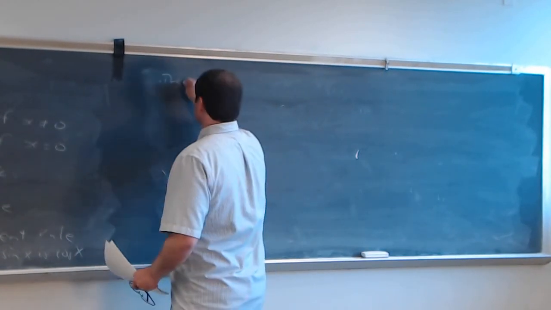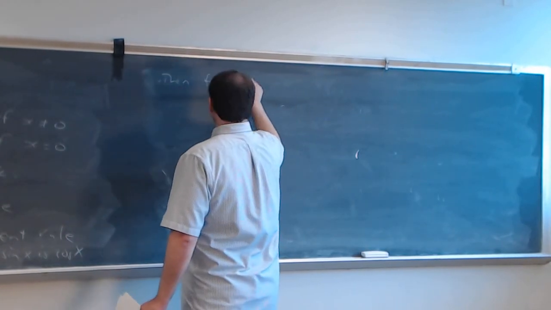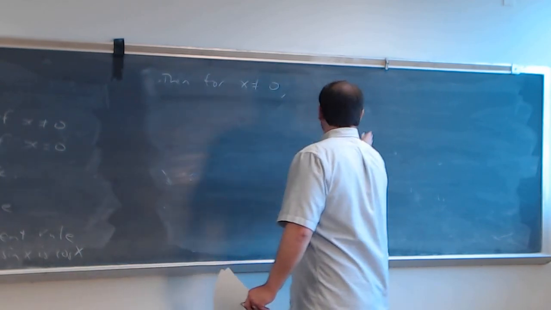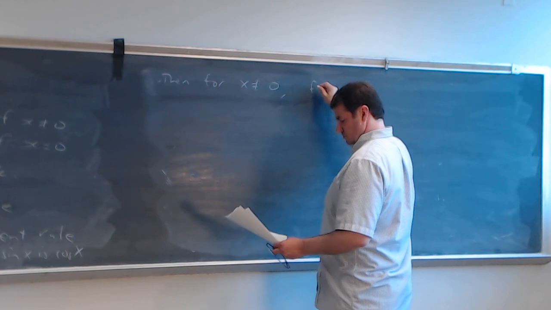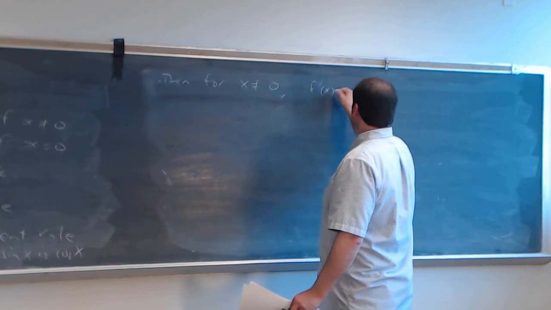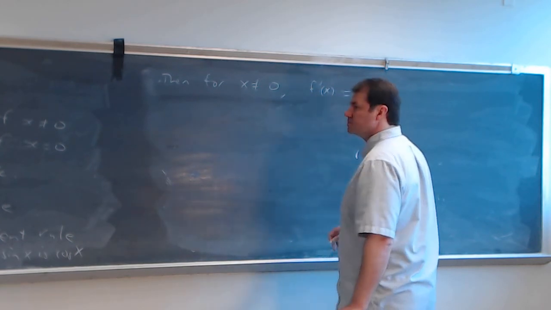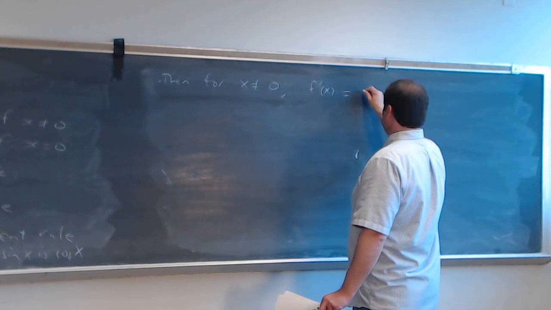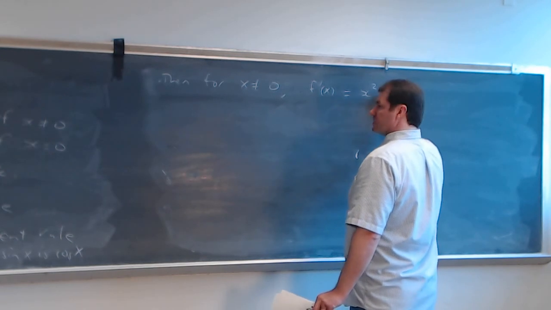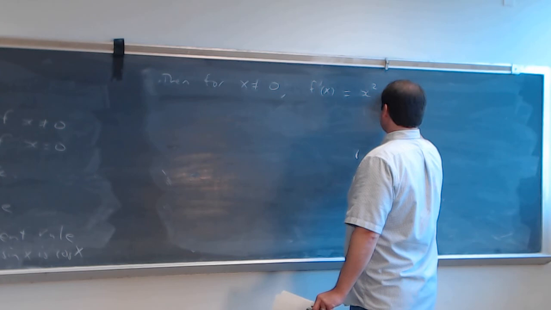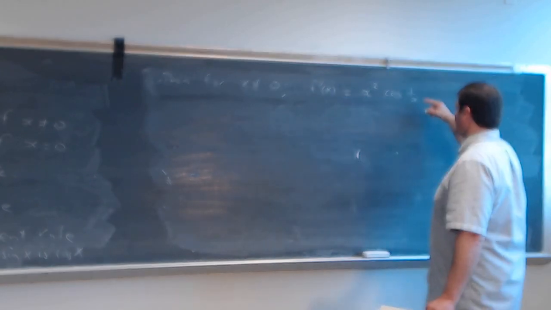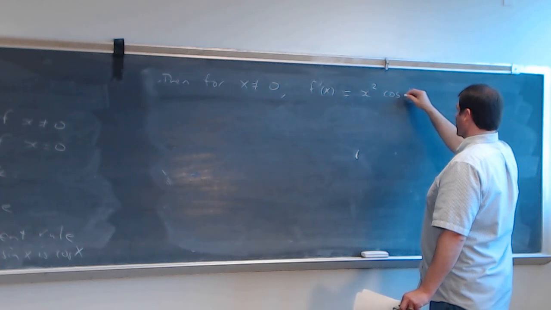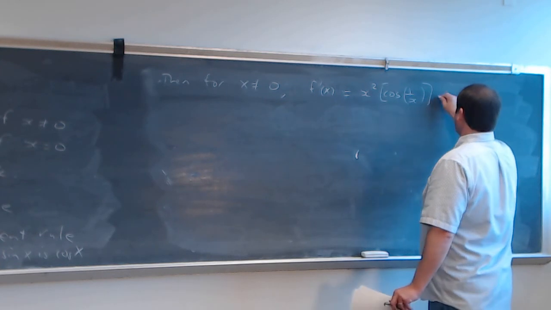Then for x different from 0, f prime of x is going to be equal to, use the product rule: the first guy, x squared, times the derivative of the second guy. The derivative of sine of something is cosine of the something times the derivative of something. Using the quotient rule here, what we get is minus 1 over x squared.